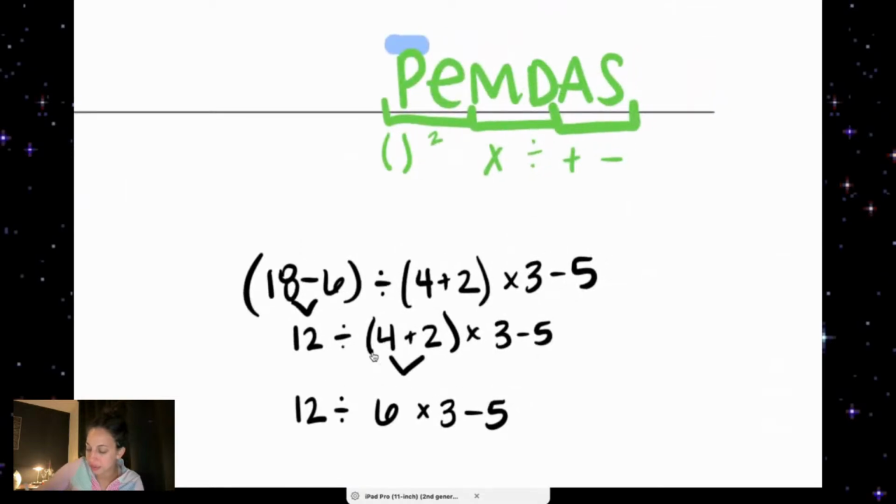What comes next? Now that I've done parentheses, there are no exponents. What comes next? Multiplication and division come next. I am going to do them in whatever order they show up in the problem. So I'm going to do 12 divided by 6, then multiply it by 3.